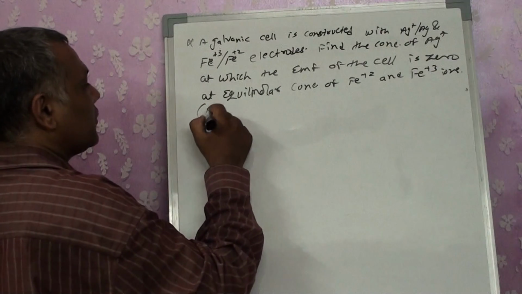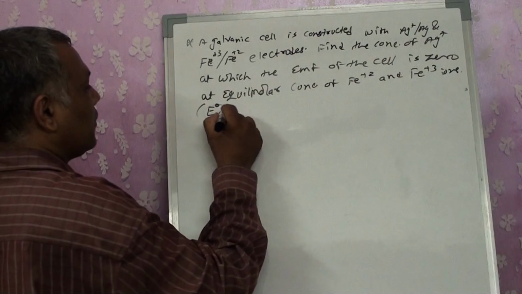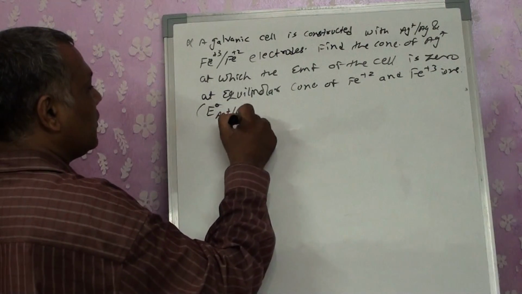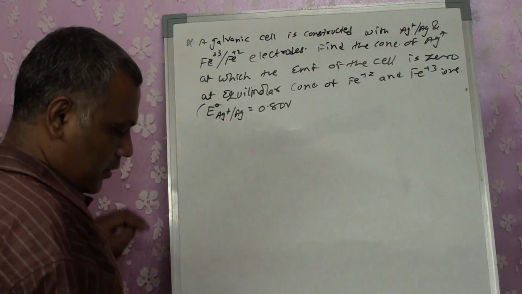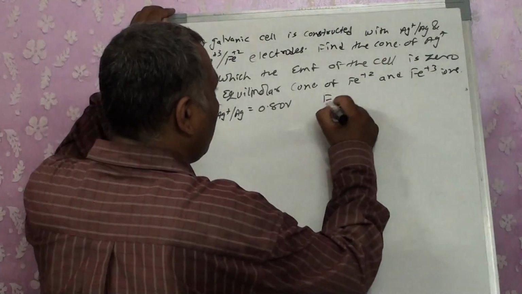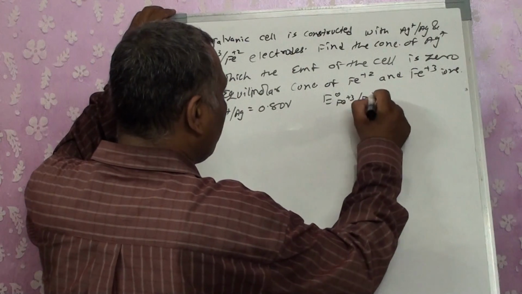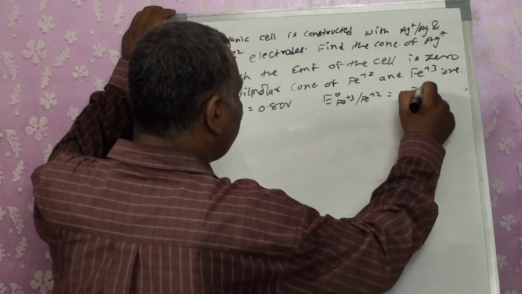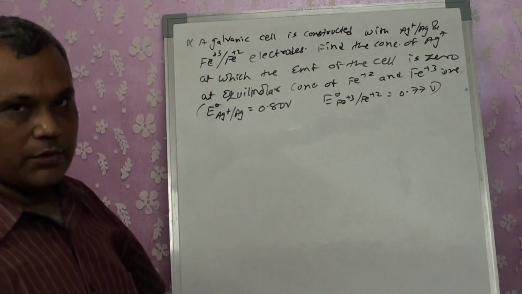It's given to us E of Ag plus Ag is equal to 0.80 volt, and that of Fe plus 3 Fe plus 2 is 0.77 volt. Now this much is given to us, right?